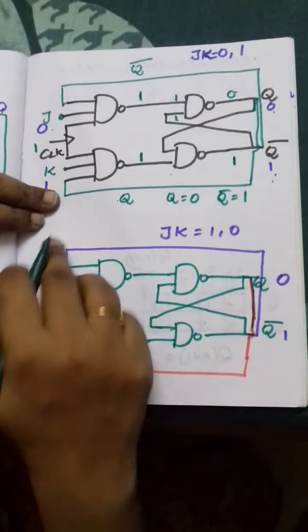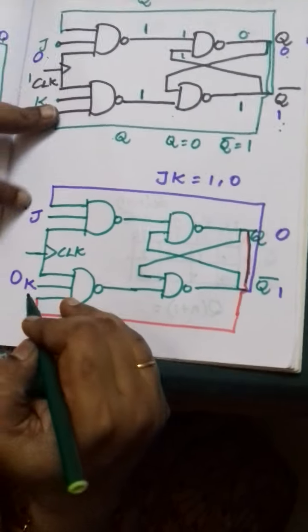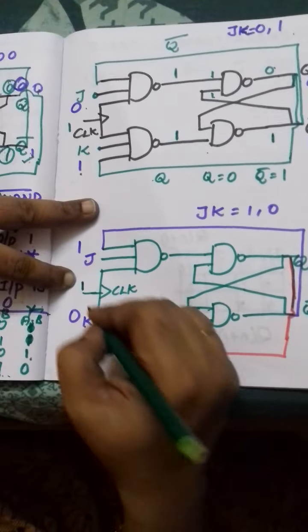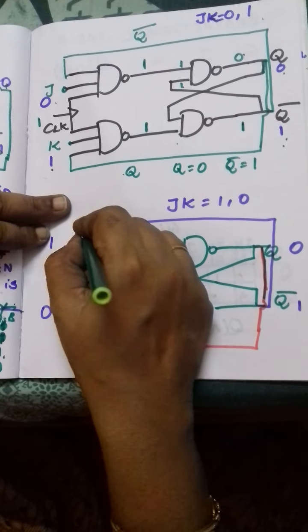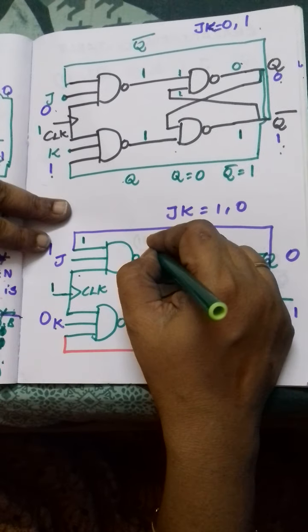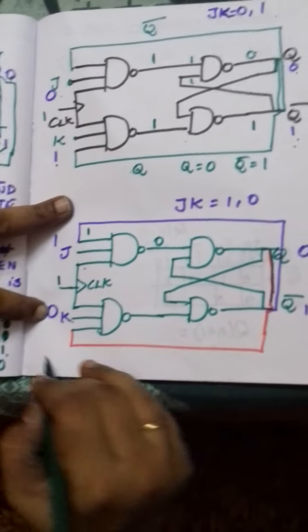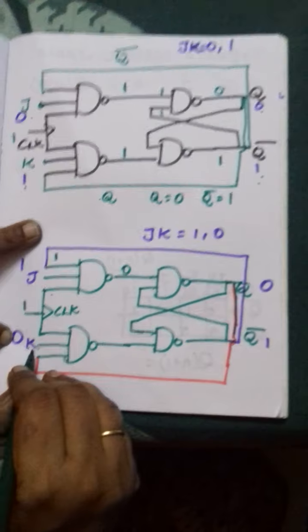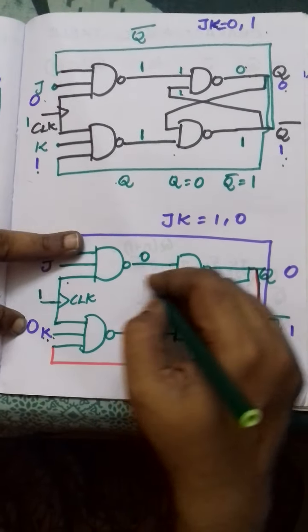Now let me check for the third condition, 1, 0. So J is 1, K is 0. Always assume clock is 1. Here Q bar is 1. So 1, 1, 1, so the output will become 0. Now here 0, 1. When any one input is 0, naturally the output will become 1.